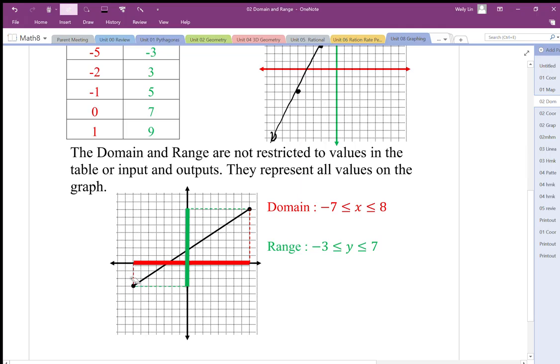If I take a look at this line along the x-axis, it's going to take on values from negative 7 all the way to positive 8. When we talk about the range values, y can take on values from my bottom, negative 3, all the way to the top, which is positive 7, so my range values are from negative 3 to positive 7.